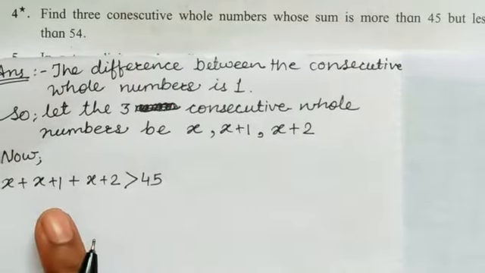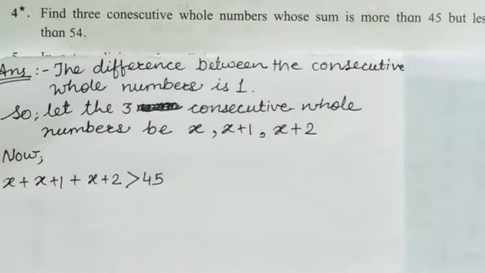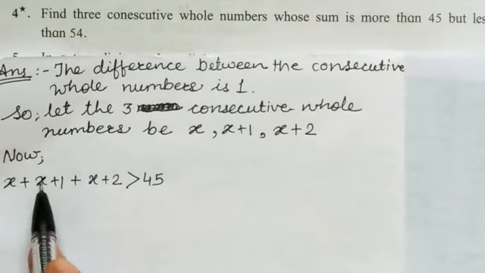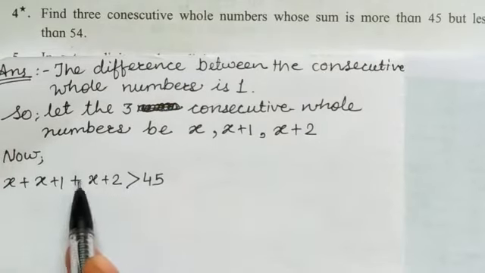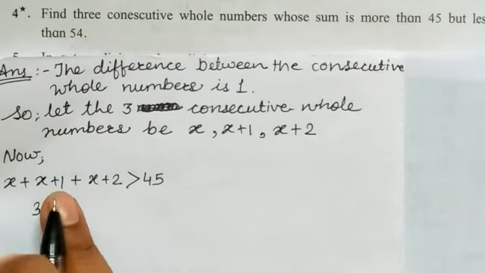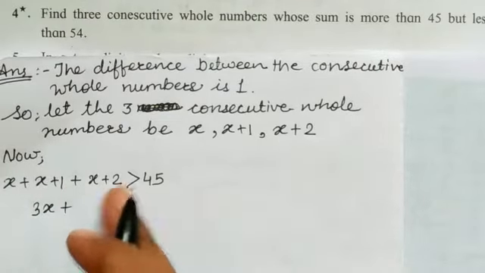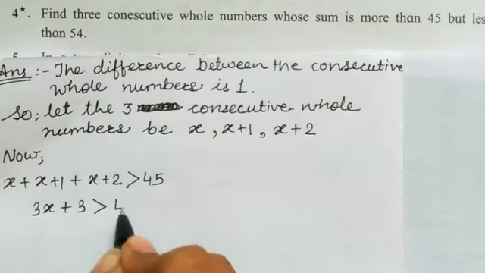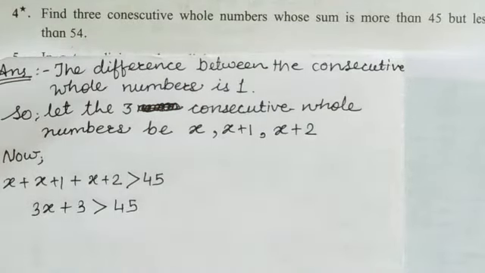Like that we can prepare the equation. So let's solve this equation. This first x, second x and third x, addition of these will be 3x, plus 1 and 2. The addition of these two numbers will be 3. 3x plus 3 is greater than 45.